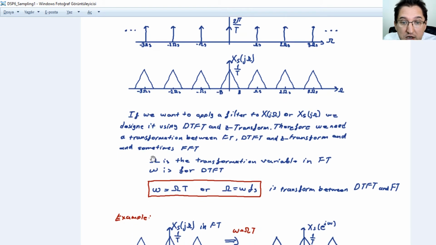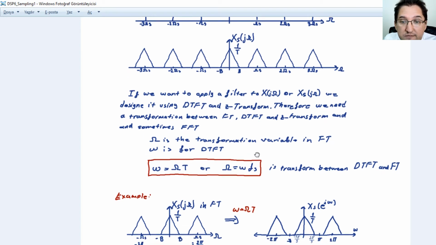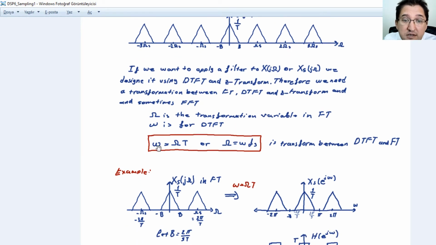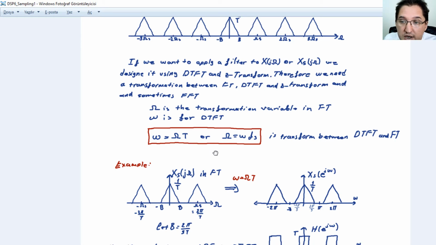Capital omega is the variable of the Fourier transform, and small omega or w is the variable of the discrete time Fourier transform, and w equals omega T is the transform between the discrete time Fourier transform and the Fourier transform.